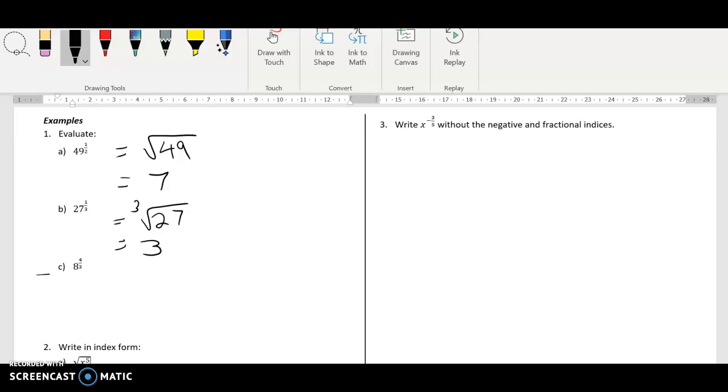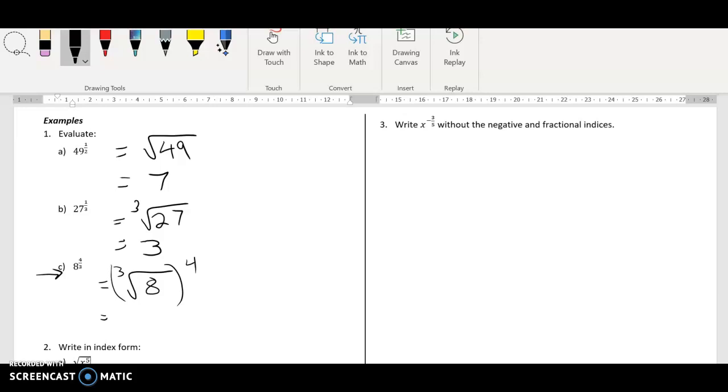Okay, 8 to the power of 4/3. Well, let's write that as the cube root of 8 to the power of 4. I've written it like that because it's going to be easier to do the cube root of 8 than raise 8 to the power of 4. Though you can just put this on your calculator and it would evaluate it anyway.